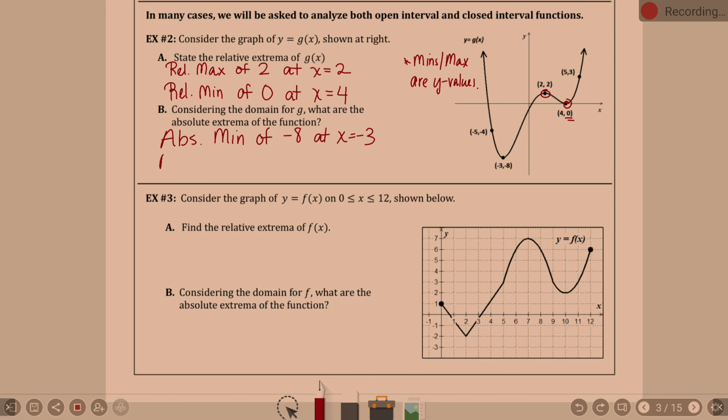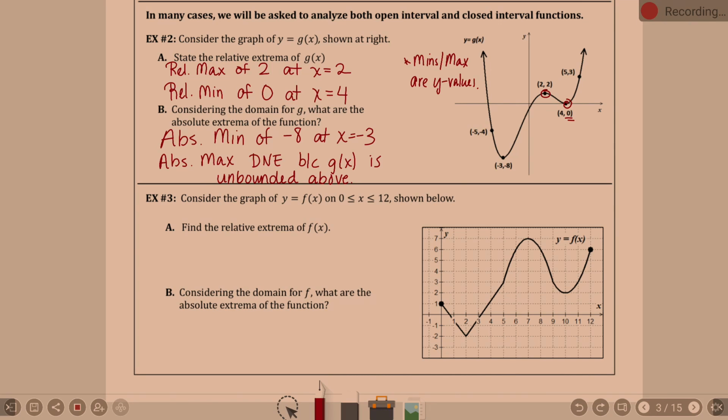So absolute max, I'm going to say DNE to save myself space, because g of x is unbounded above.